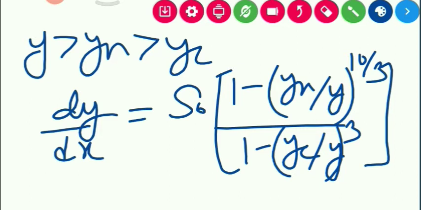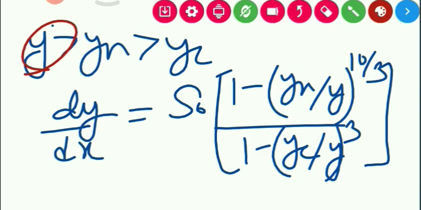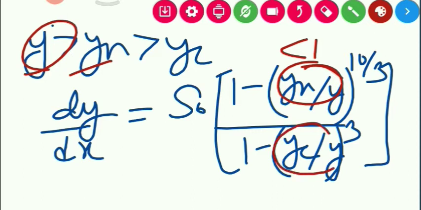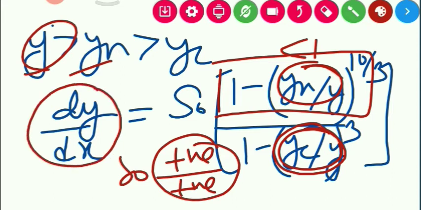So in this case, if y is greater than yn, then this term will be smaller than 1. And if y is greater than yc, then this term will also be smaller than 1. So the numerator will be positive and the denominator will also be positive. So overall dy by dx will be positive.